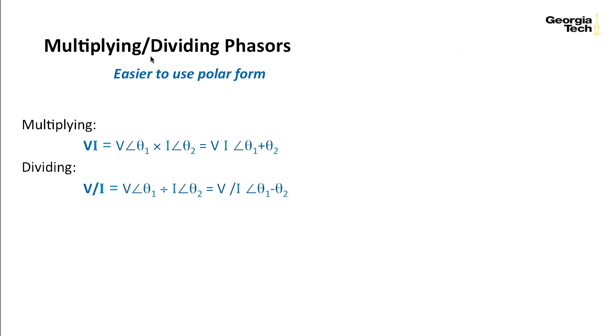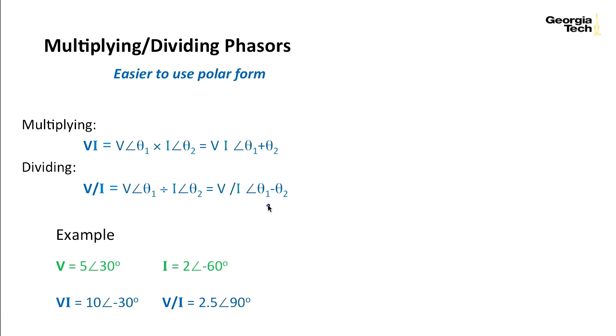If I want to multiply phasors, it turns out it's easier to use polar form. I don't have to, but it's easier. So for example, if I want to multiply these two phasors together, I multiply their amplitudes, or their magnitudes here, and I add their angles. If I divide two phasors, I divide their magnitudes and subtract their angles.